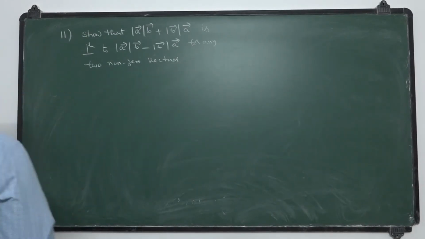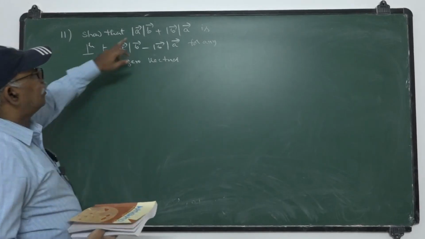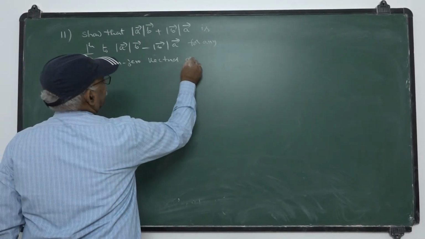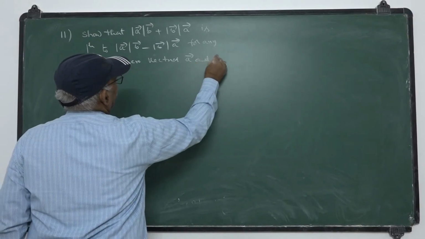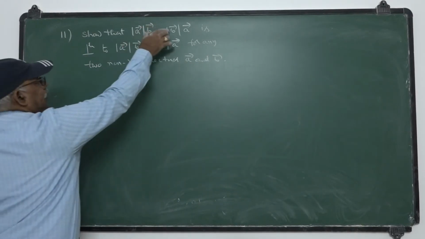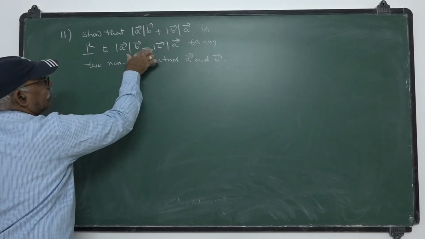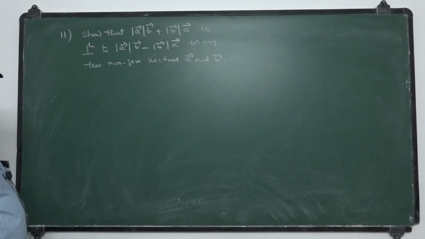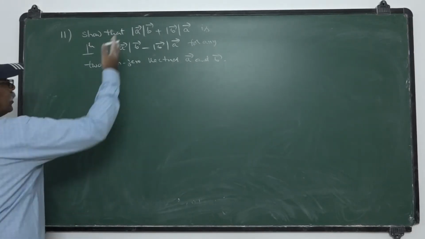Show that the given two vectors, for any two non-zero vectors A bar and B bar, of course. This is one vector, this is one vector. These two are at right angle. That is the problem here. We have to show that these two vectors are at right angle.